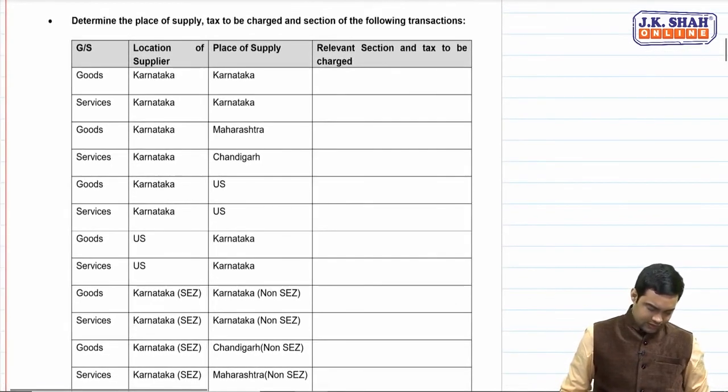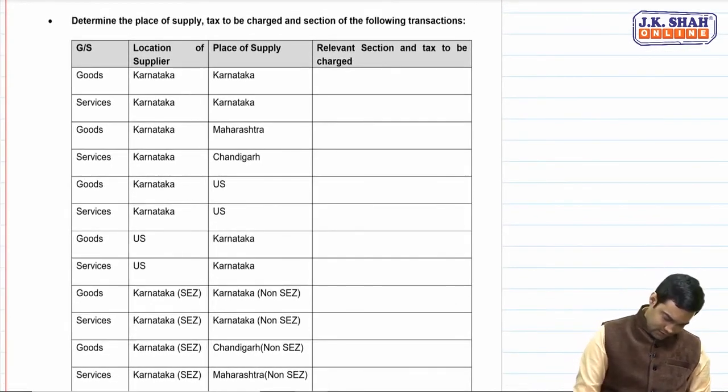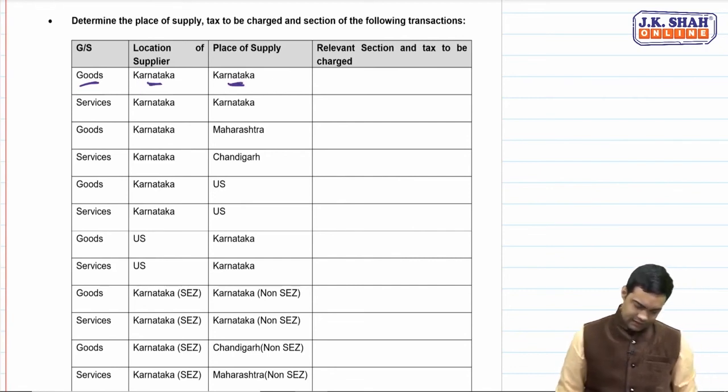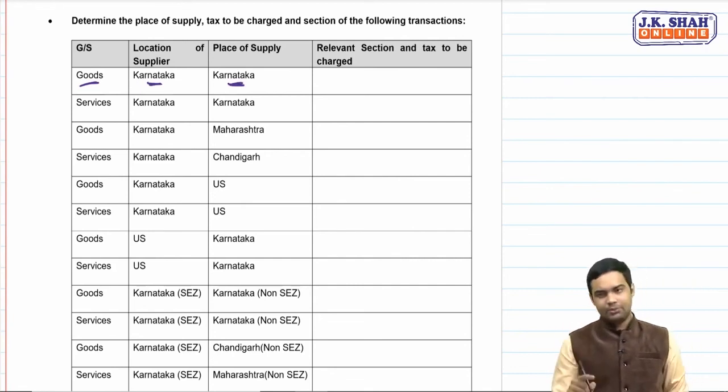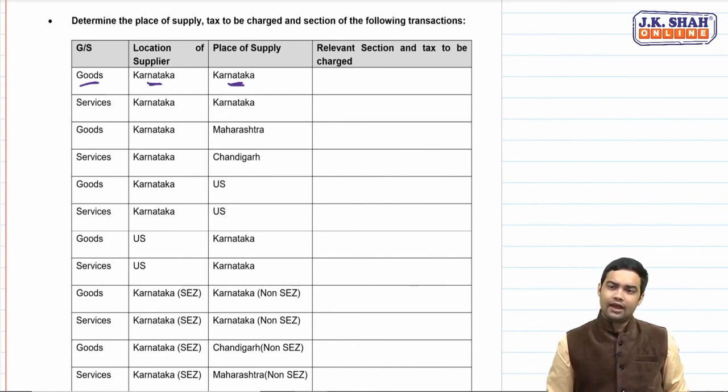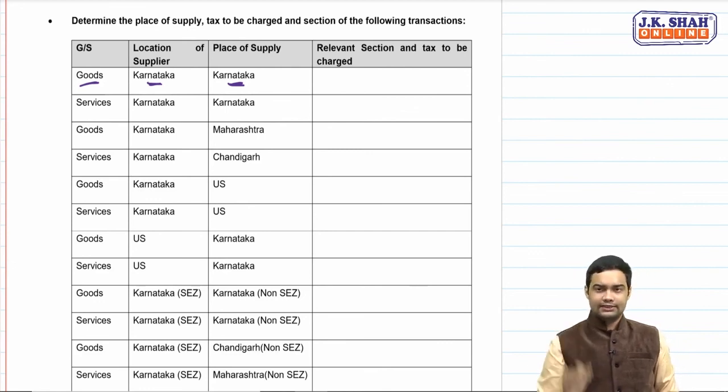First, the first one is dealing with goods. Supplier is in Karnataka, place of supply is also in Karnataka. What section will you use? First, whether it is inter or intra.